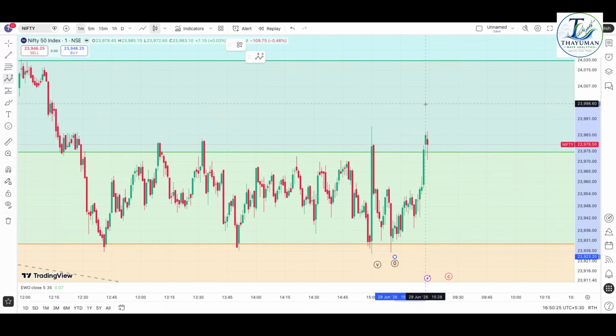If we assume within that 1 2 3 4 5, so 5 waves within wave 1, that should go somewhere up to here, and from there on, a gap up should be there first, and then it should close, and then it has to proceed further for the next, third wave. So that is one possibility.